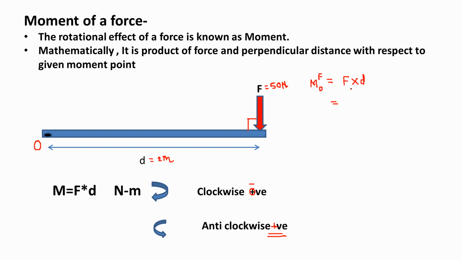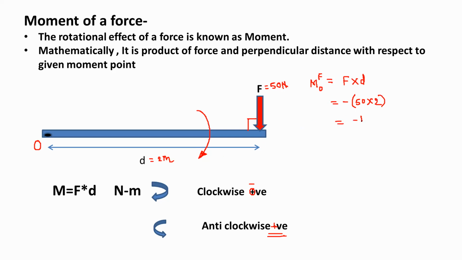Now we have to observe the direction. As the direction is clockwise, it will try to rotate the system like this, so this moment will be taken as negative. So minus F, which is 50, into the perpendicular distance with respect to the point of rotation or the moment point, which is equal to 2 meter.